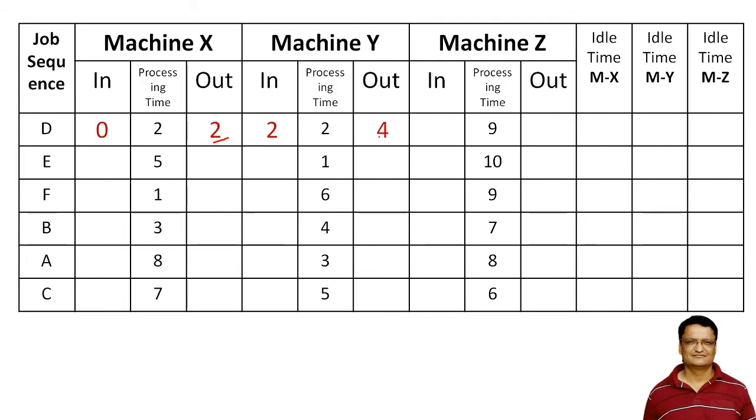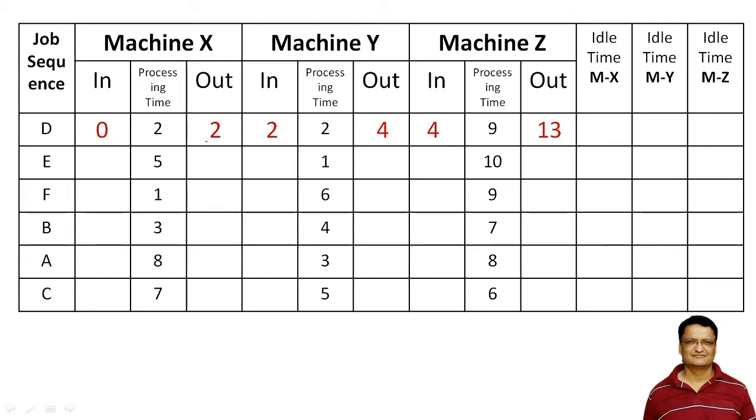So by the time 4 hours it will be out of machine Y, and now it can enter machine Z, right? And the processing time is given as 9 hours, so 4 plus 9, so by time 13 it will be ready for dispatch. So it has completed all the processing required through all the three machines.